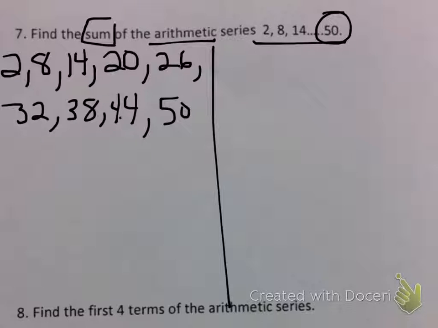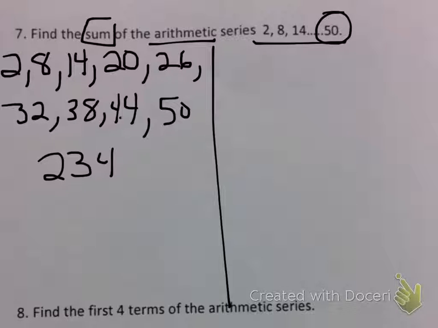So it asked me to find the sum of those. So really then I'm just going to punch them in my calculator to find the sum of that series. So take a minute, punch those in your calculator, and see what you get. When I did that, I got 234.